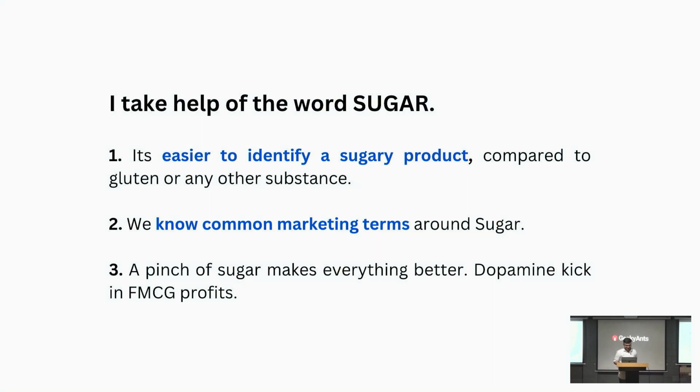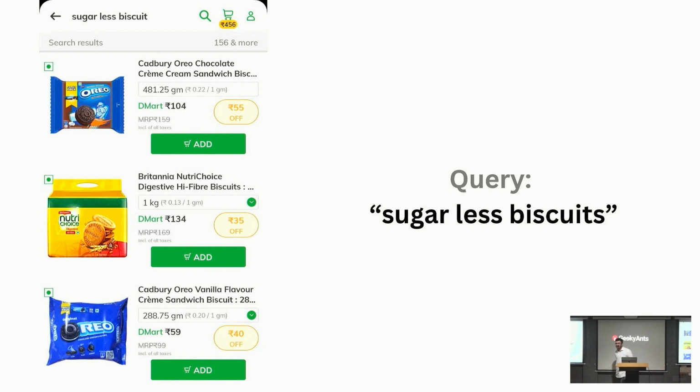So this is the first example I'll show. I searched for sugar less biscuits. Now the search query should not have been broken up here. It either searched for sugar and biscuits, but you see the first product that came up. No hate against it, but it's probably not sugar free.